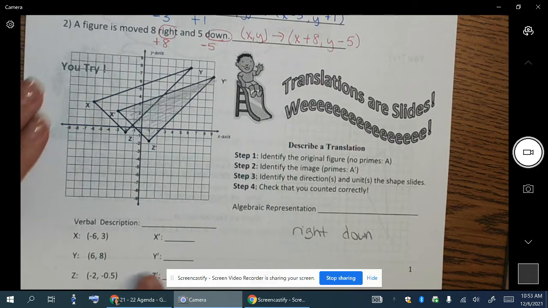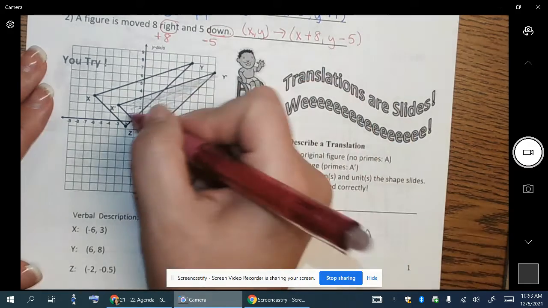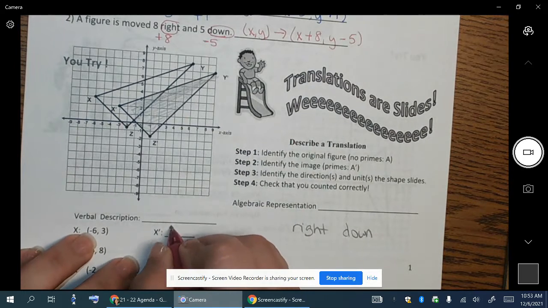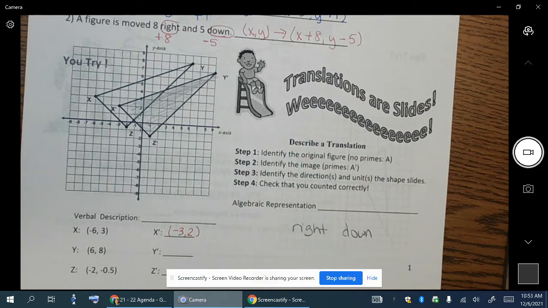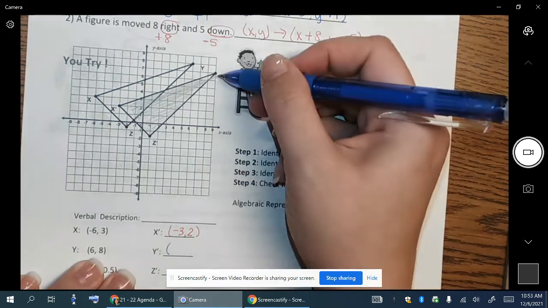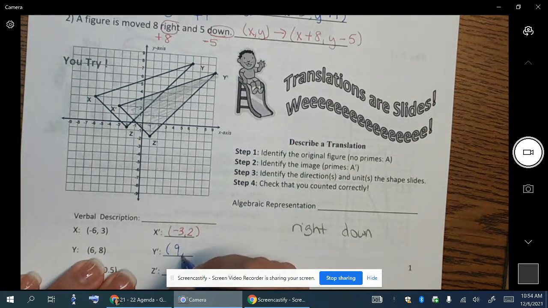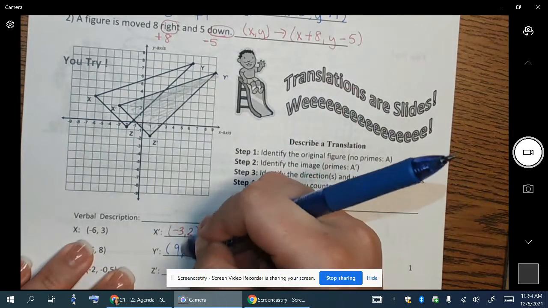So first, let's do these points. Okay? X prime is what? Negative 3, positive 2. Good. Everybody get negative 3, positive 2? Okay, what's y prime? That'd be positive 9, positive 7. 6 or 7? 7, yeah.